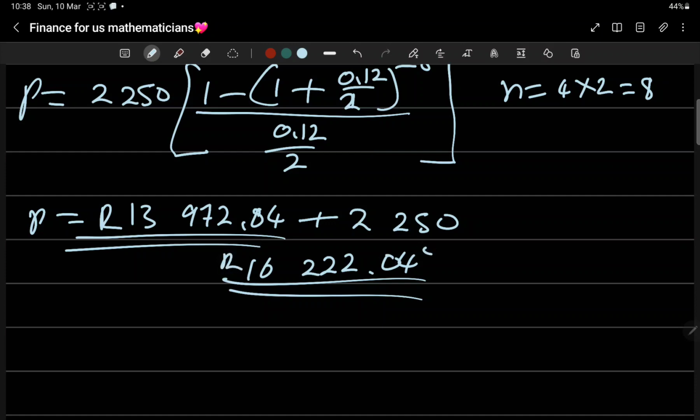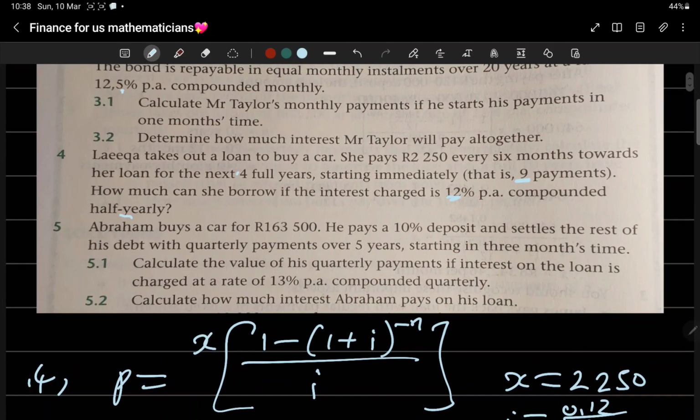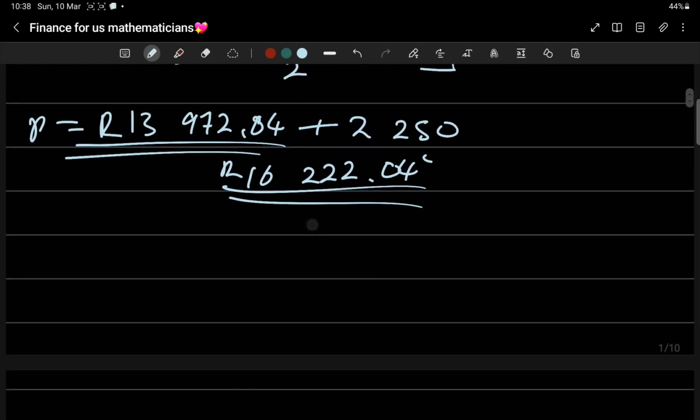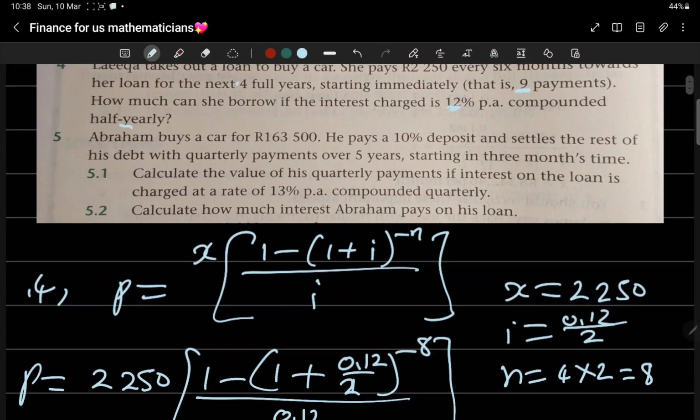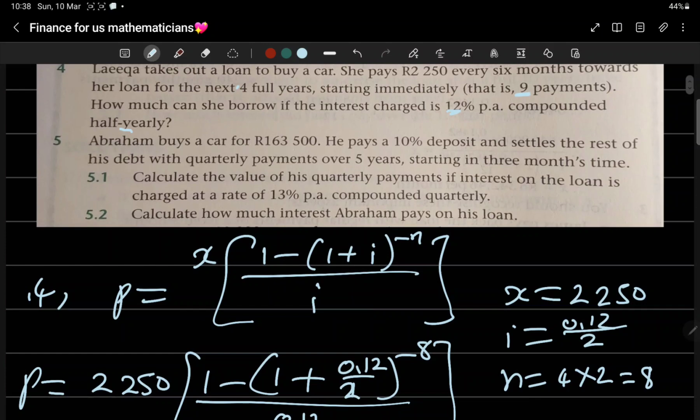Okay, the last one, number 5. Abraham buys a car for 163,500. He pays 10% deposit and settles the rest of his debt with quarterly payments over 5 years, starting in 3 months' time.